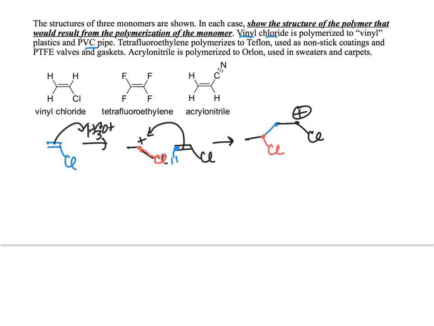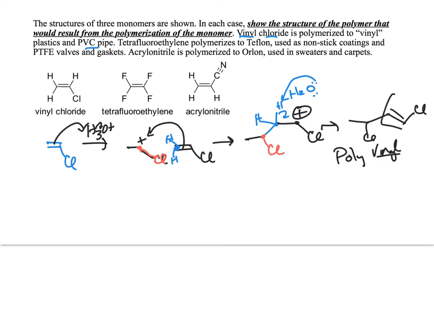Now, this carbon has 2 hydrogens, and so when this gets deprotonated, you get this, and this is poly, and this is a vinyl group right here, vinyl chloride. So that's how you would react to make polyvinyl chloride, PVC pipe.